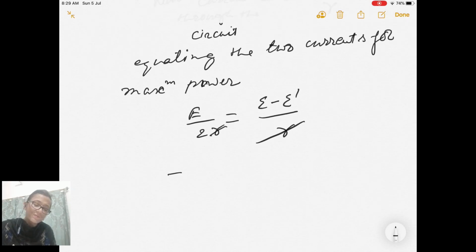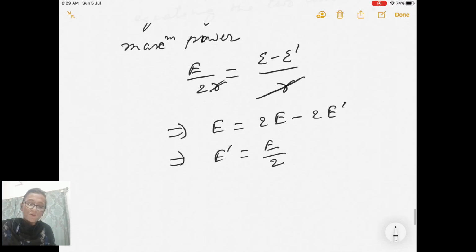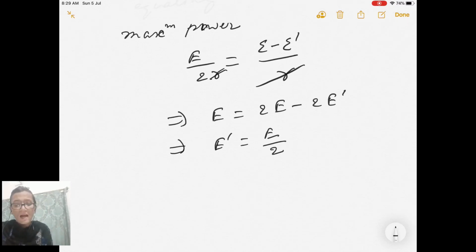So E is equal to 2E minus 2E dash, and it implies that E dash is equal to E by 2.